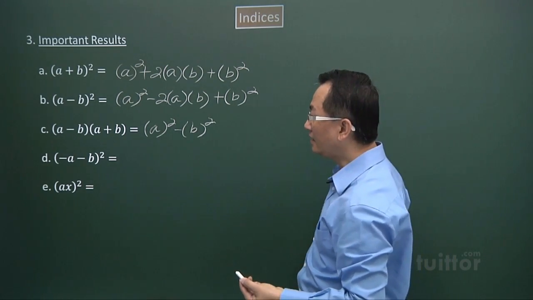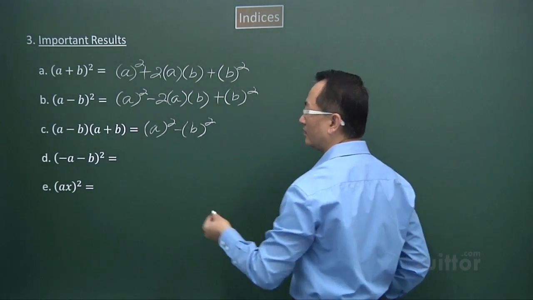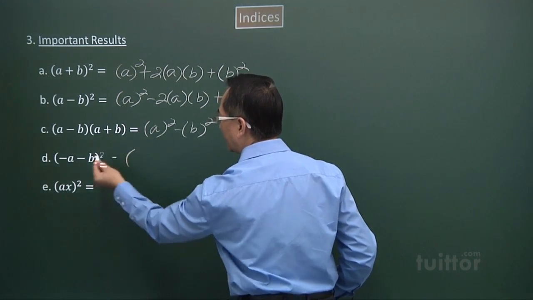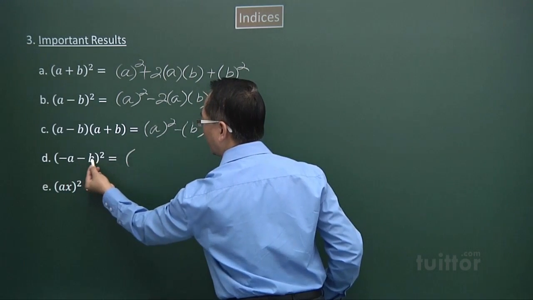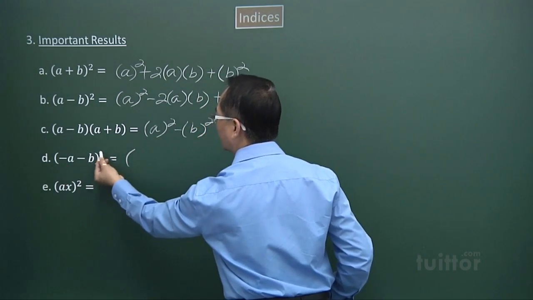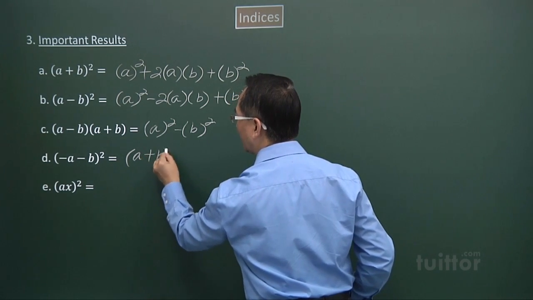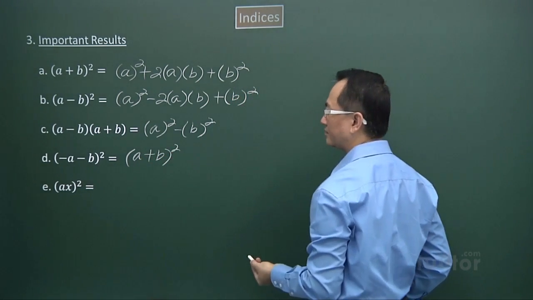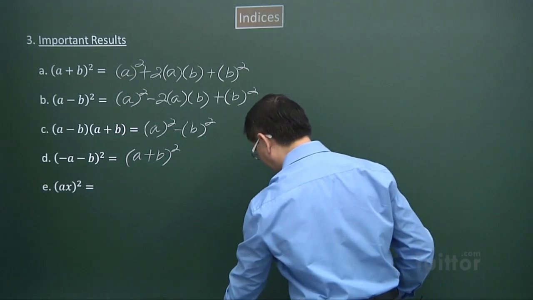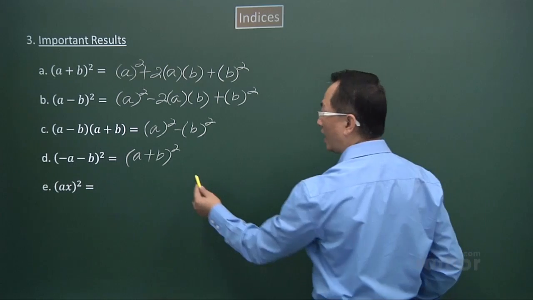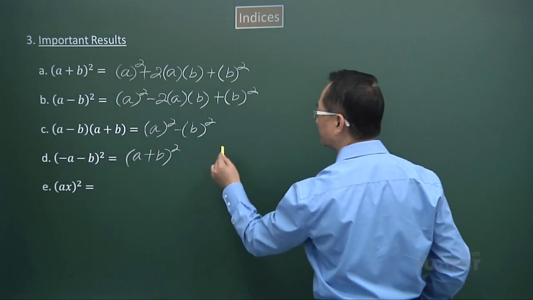For part D, I can just give you this identity. Negative a, negative b, bracket raised to the power of 2 is the same as a plus b bracket squared. But I would show you why this result is true.